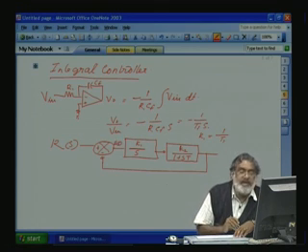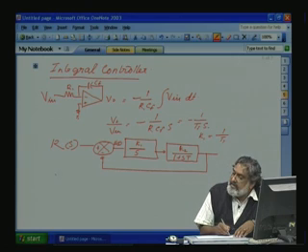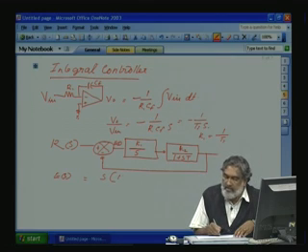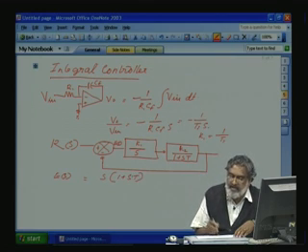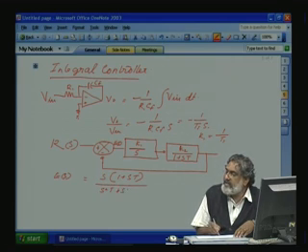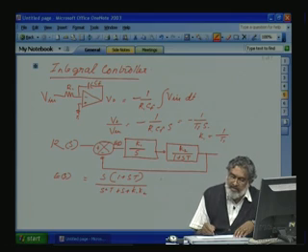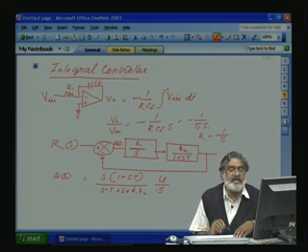Same way if you do it, Es by Rs, or Es is equal to S into 1 plus S tau divided by tau S square plus S plus K1 K2 into Rs. Rs, if it is a unit step, it will be U by S.